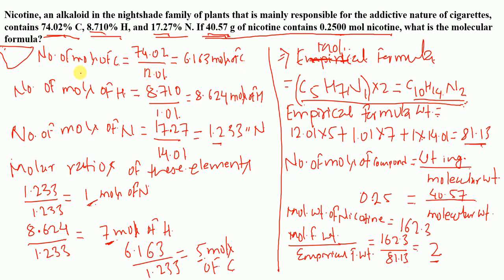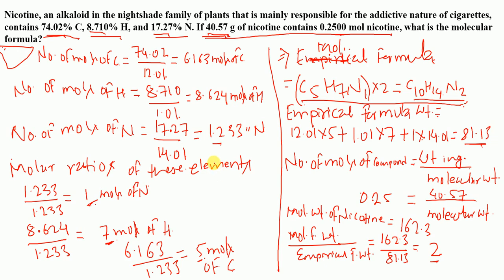So how did we determine this? First, we determined the number of moles of each atom, carbon, hydrogen and nitrogen. We took the percentages as grams, so 74 grams, 8.7 grams and 17 grams, and divided them by the atomic masses of the respective atoms to get the number of moles. Then we calculated the molar ratios.